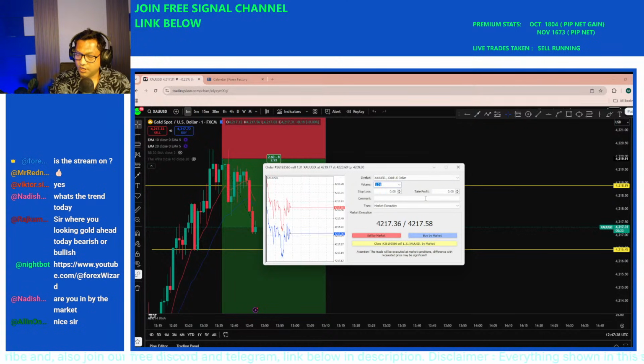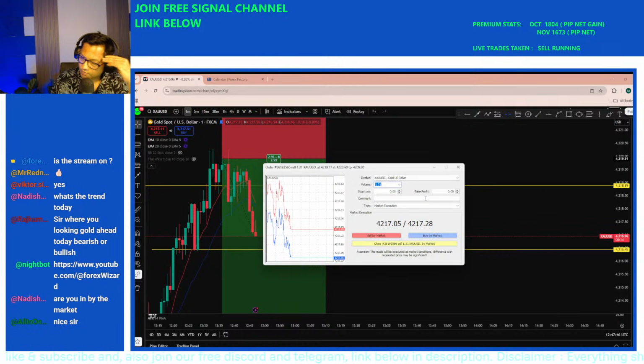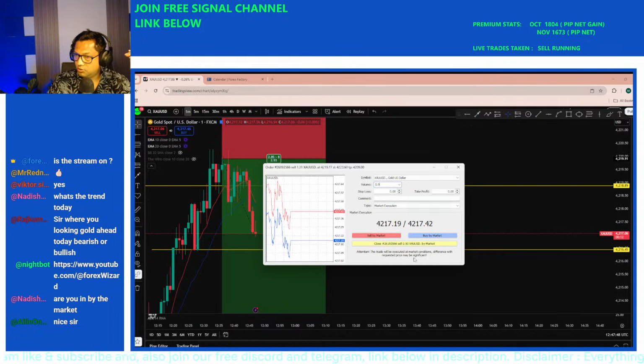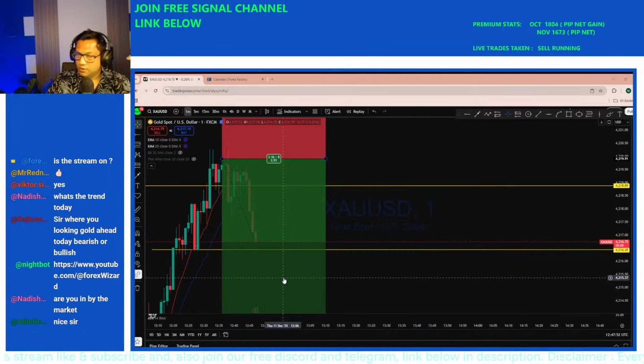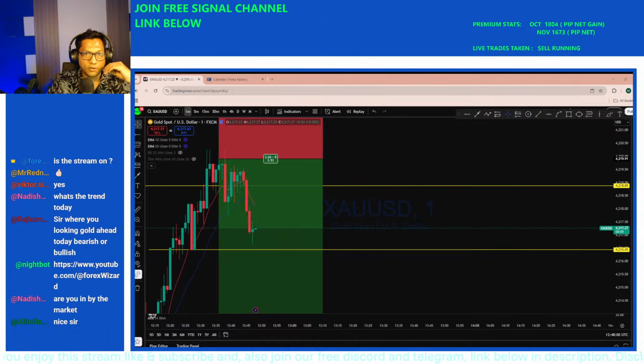So in my lot, I will be taking around 0.9 lot out. So the rest I will be running for the full TP and moving the stop loss to entry.